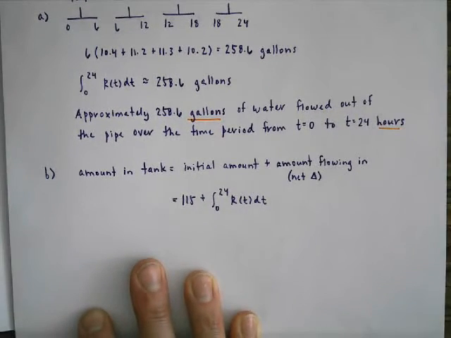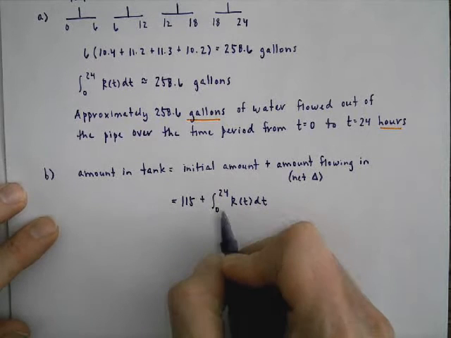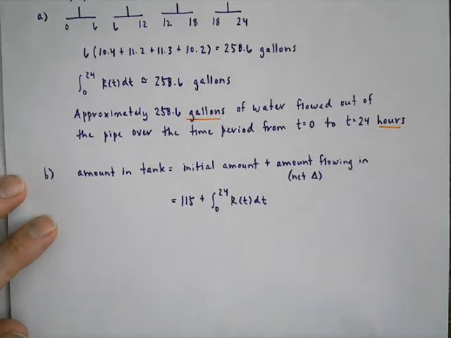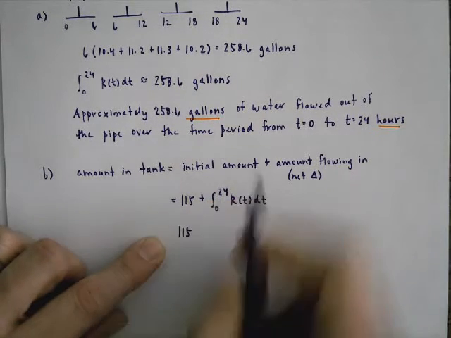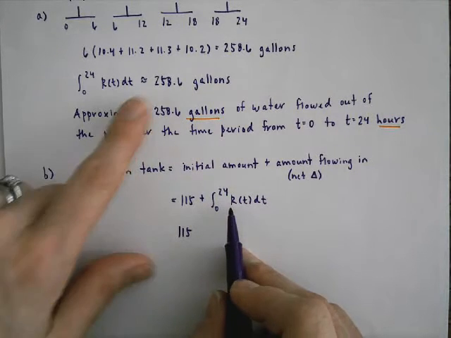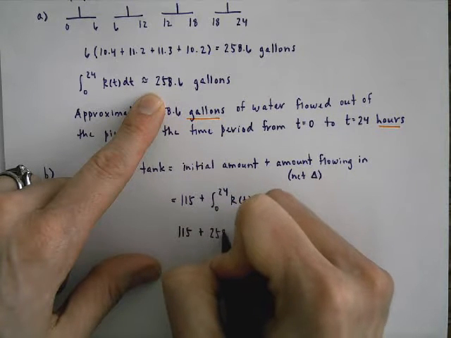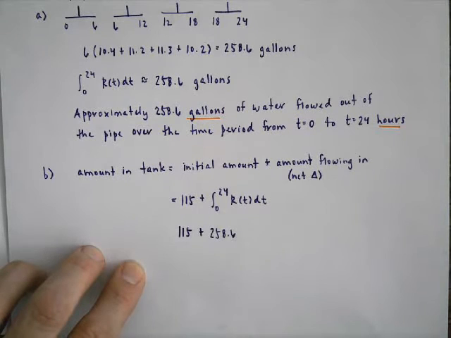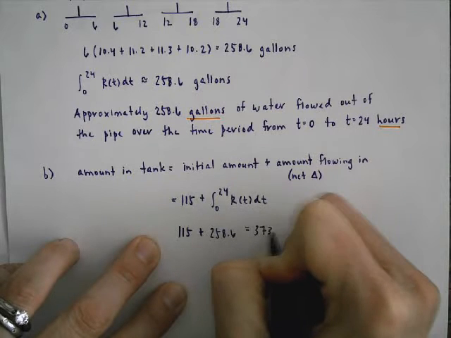So the amount in the tank was the initial amount plus the amount flowing in. So our initial amount was 115. That net change is given to us by integrating the rate function. Well, we know that the value approximates this rate we just found, right? We know that's approximately 258.6. So if I add those two values, I'm going to get 373.6.